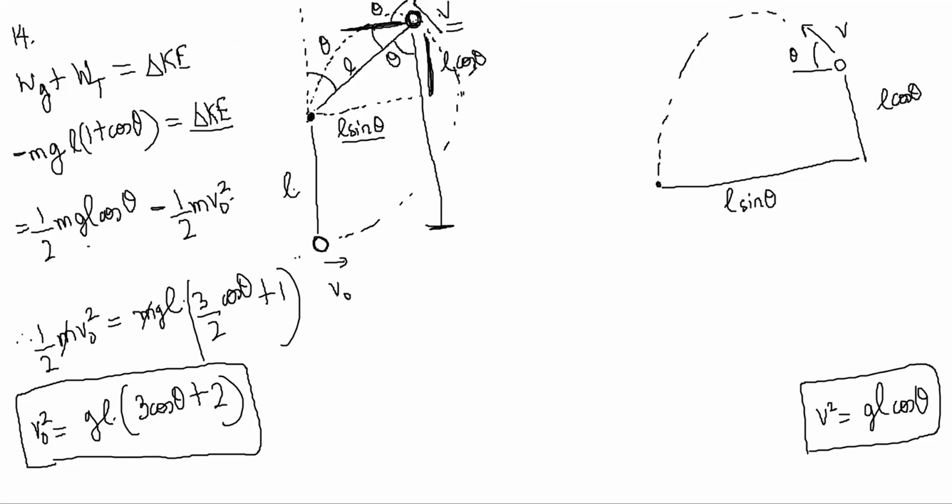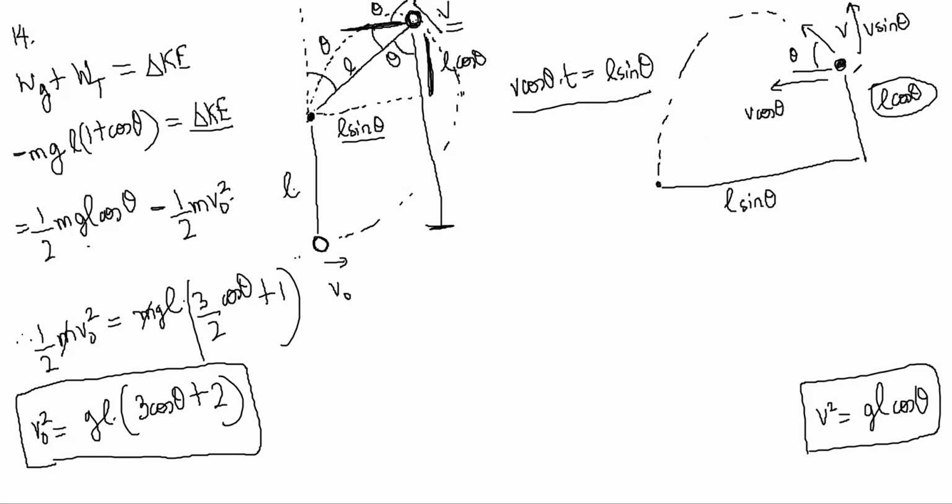Horizontal velocity is v cos theta and vertical velocity is v sine theta. Horizontal displacement should be L sine theta, so in time t, v cos theta into t should be equal to L sine theta.